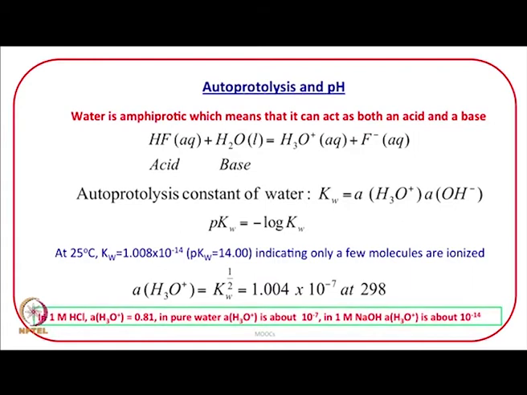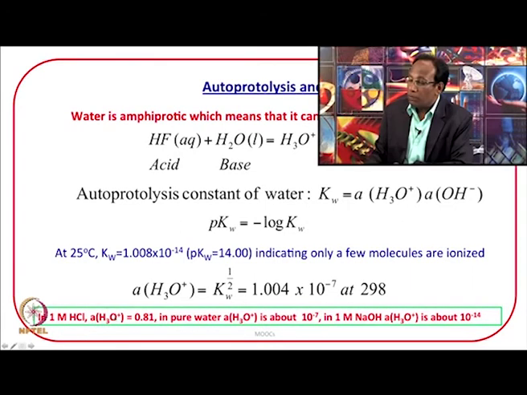If we note down the activities of hydronium ion, in 1 molar HCl it is 0.81, and in pure water it is 10 raised to the power minus 7, as we just discussed, and in 1 molar NaOH the activity of hydronium ion is about 10 raised to the power minus 14. See, if I say 1 molar concentration, the activity is different because the activity coefficient has to be included.